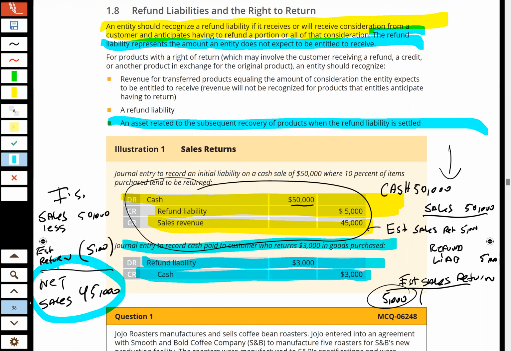You do an estimate of how much returns you're going to have. It's going to be, as you're saying, 10% or. Yeah. So I guess the thing would be analyzed as the refund liability. In other words, what more do I have to put in for any given year's sales as a refund liability?